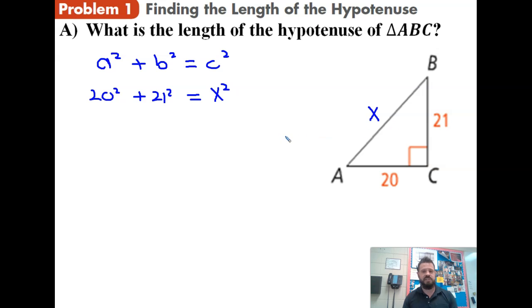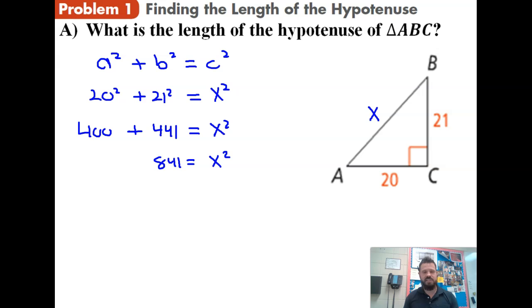Okay, what am I going to do with this now? Well, I have a pretty simple equation that I can solve for x. We can square things out on the left side. 20 squared is 400, plus 21 squared is 441, is equal to x squared. We'll add these together. 400 plus 441 gives me 841 is equal to x squared.